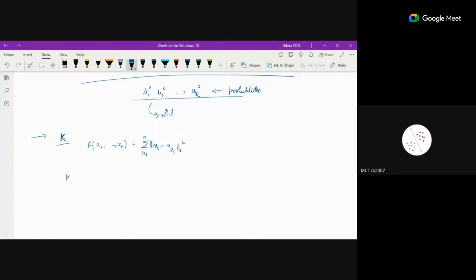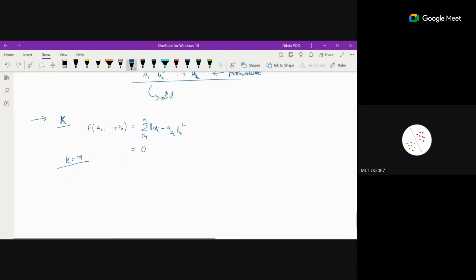When we take k equal to n, the number of clusters equal to the number of data points, every data point becomes its own cluster center, so that distance becomes 0. But is that what we want? This is not ideal. So k equal to n is not a good choice for us. We want k to be smaller.